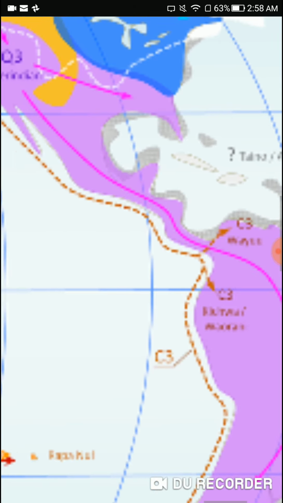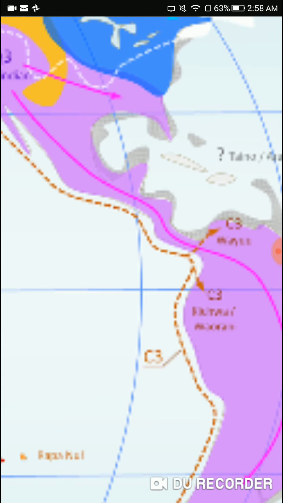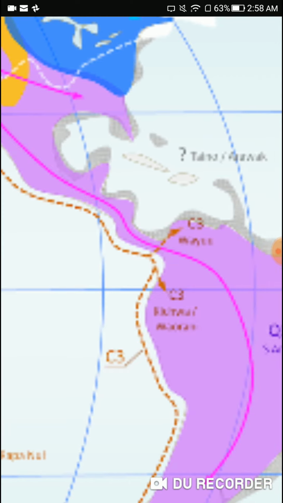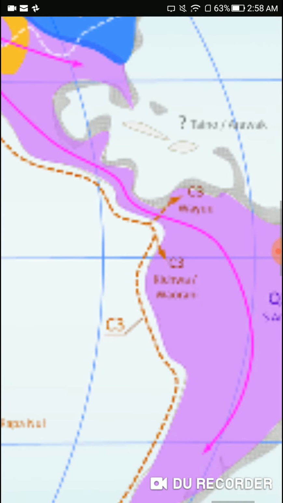There is not a lot of sampling, even though a lot of the C3 groups are along the coast of the Americas. The sampling is just showing a majority of Q3.